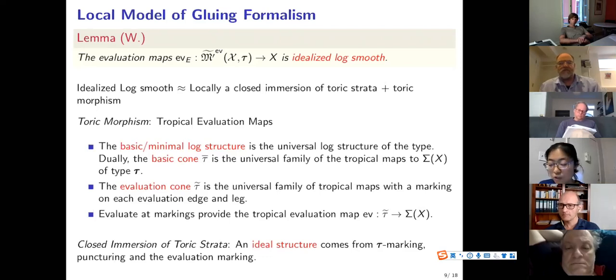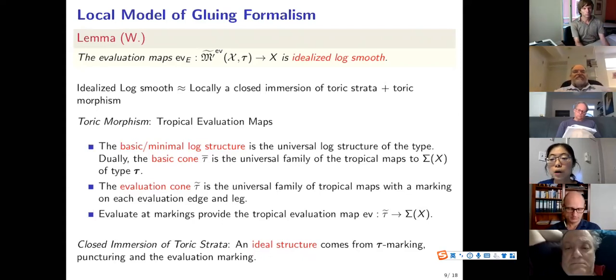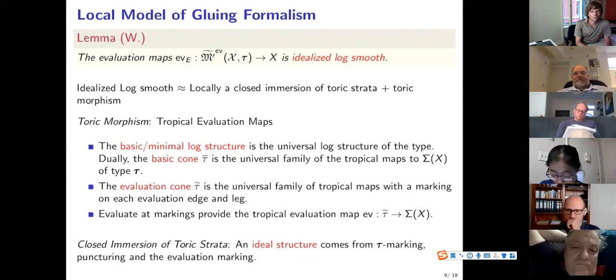So this ideal structure is actually a tropical object, and we don't need to know much about the real target other than the tropicalization of it.